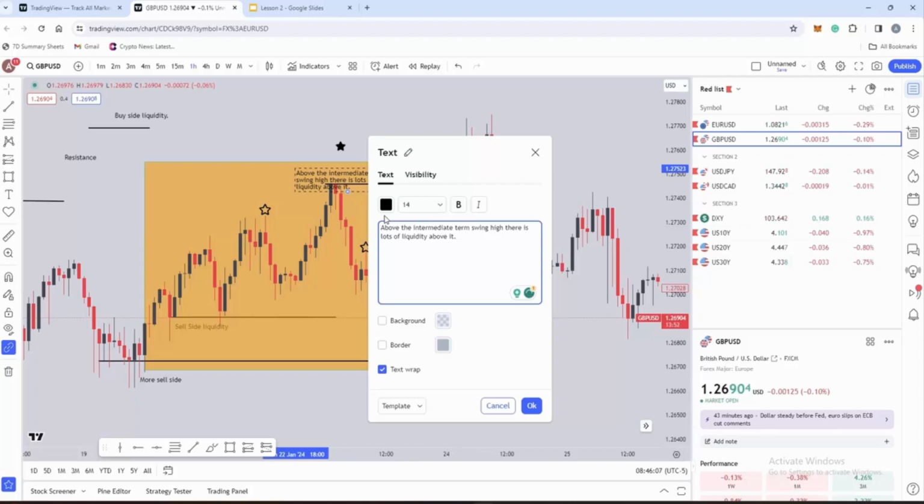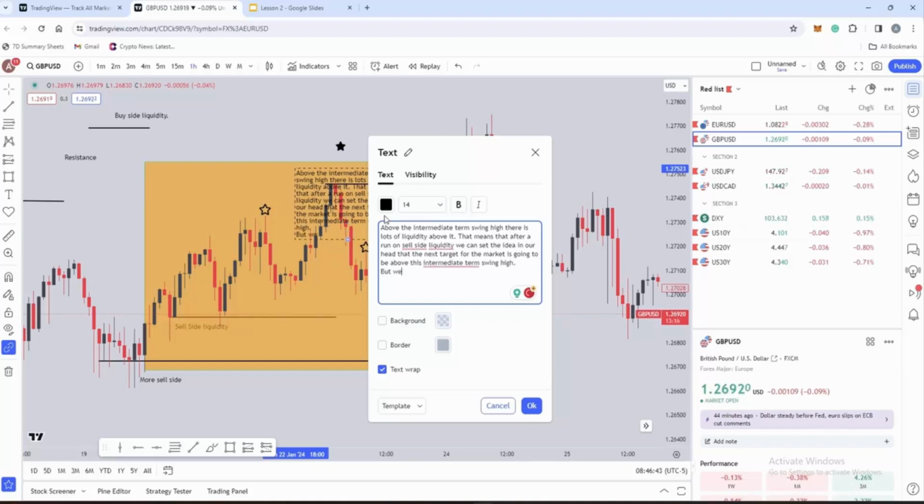And what does that mean? That means that after a run on sell side liquidity, we can set the idea in our head that the next target for the market is going to be above this intermediate term swing high.